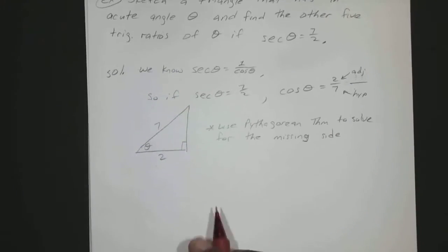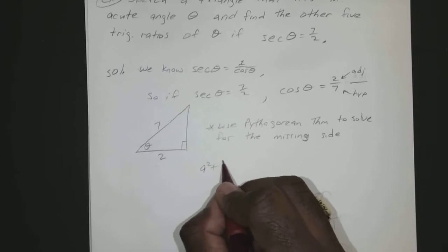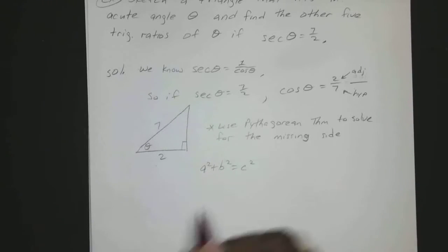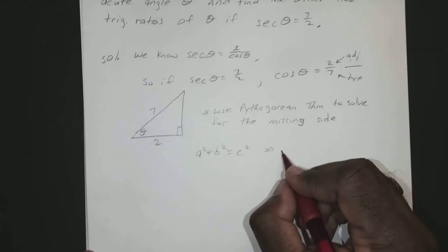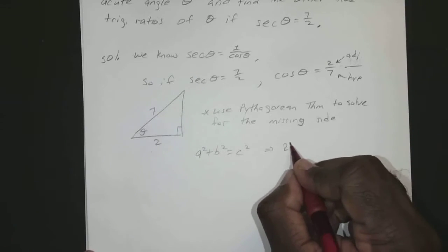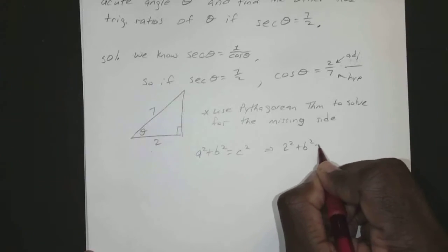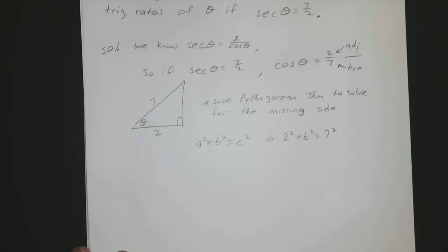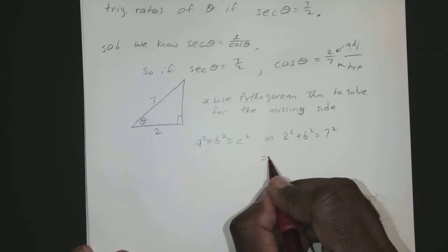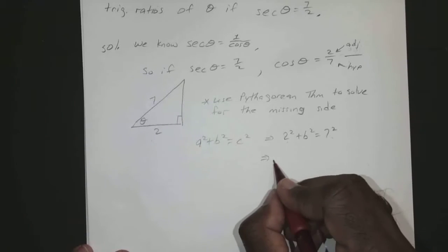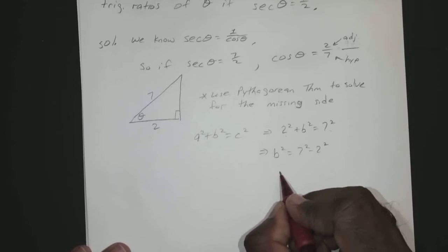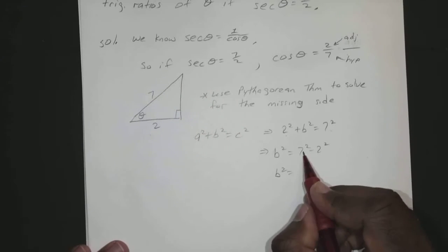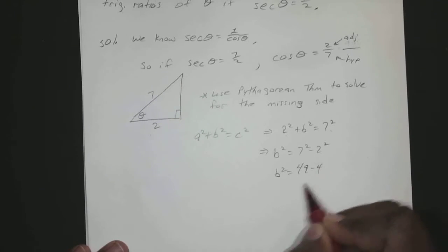Okay, so that means a squared plus b squared equals c squared. We can make that a or b, doesn't matter. So we'll let 2 squared plus b squared equals 7 squared. Subtract 2 squared from both sides, so b squared equals 7 squared minus 2 squared, or b squared equals 49 minus 4.